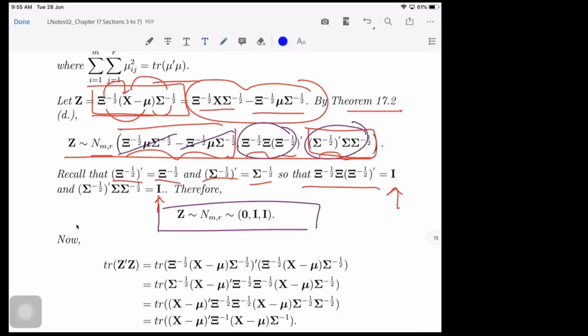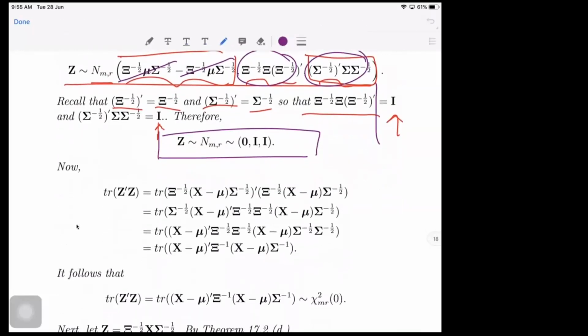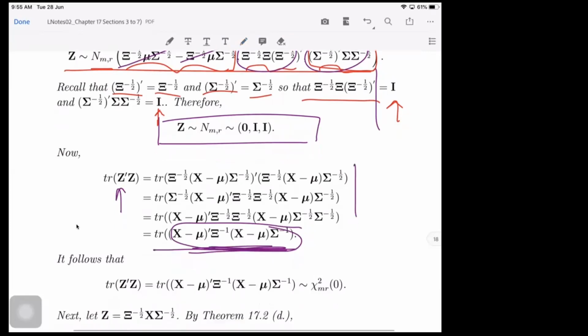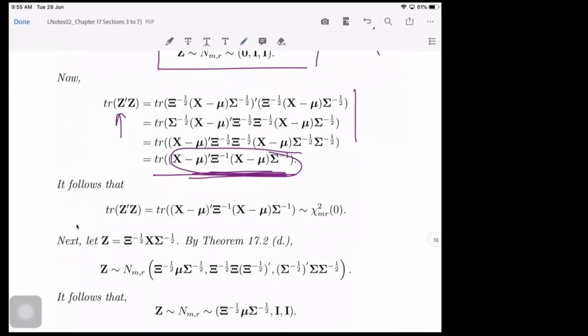So you find the trace of Z prime Z. Actually, that is what you want. Okay, that is your target, right? So we are looking for Z, similar to the concept of the Wishart. We look for X star such that X star prime X star comes out. Okay? So get the trace of that, and using the result theorem 3.10, the trace of Z prime Z will be chi-square distributed.